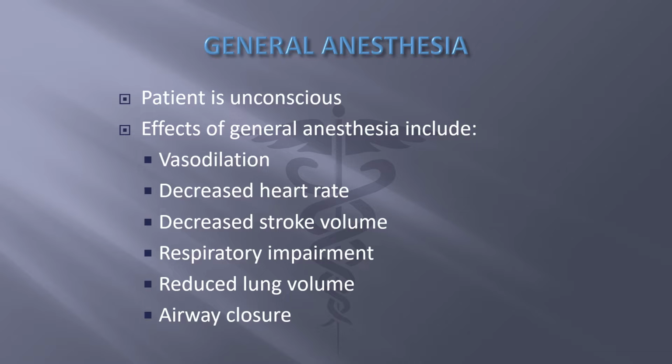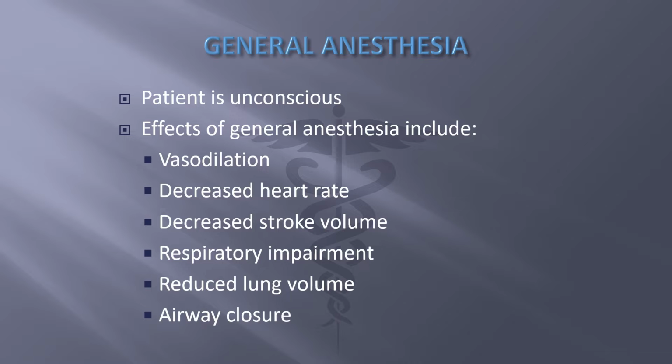The effects of general anesthesia include vasodilation, decreased heart rate, decreased stroke volume, respiratory impairment, reduced lung volume, and airway closure, therefore the intubation. Basically, the anesthesiologist, or typically the CRNA, is monitoring the vital signs, making sure the patient is breathing well, the blood pressure stays where it should be, giving them the medications that they need to keep them stable.